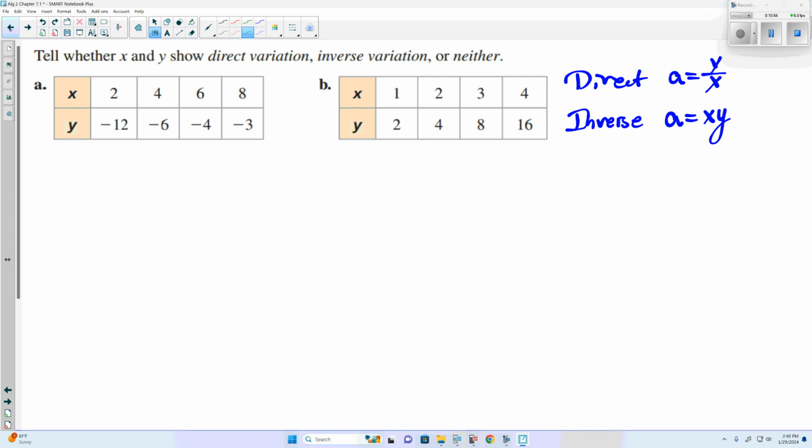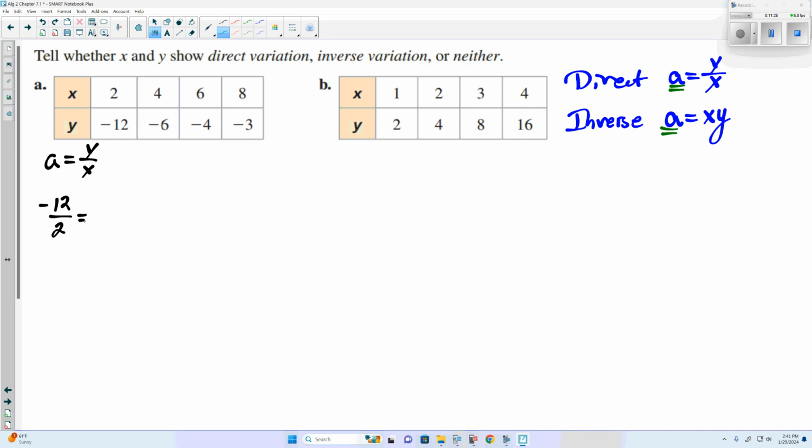How we get to there is not a whole lot important, but if it is direct, when we divide y over x, we should get the same amount every single time. If it's inverse, if I multiply x and y, we should get the same amount every time. So here, if we do direct first, y over x, I'm going to take every y value and divide it by its corresponding x and see what we get.